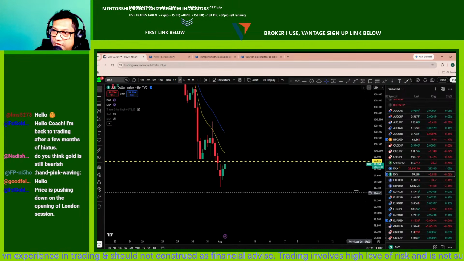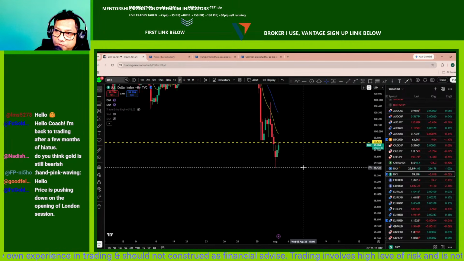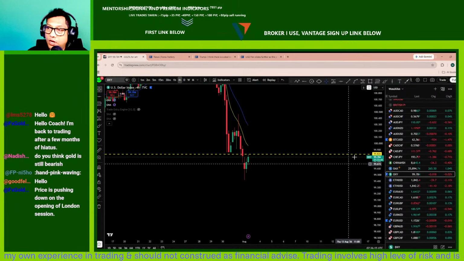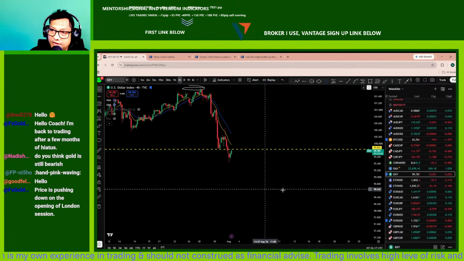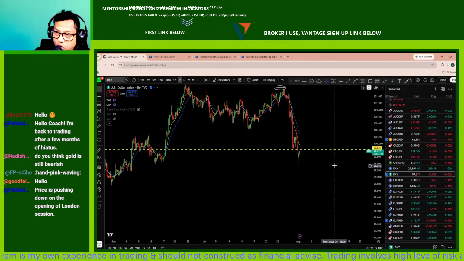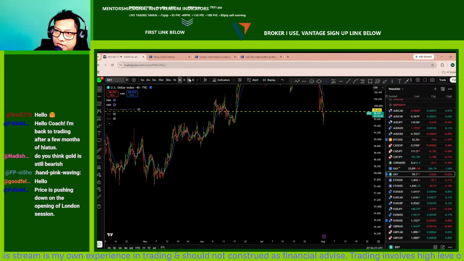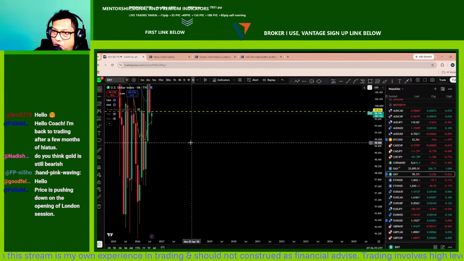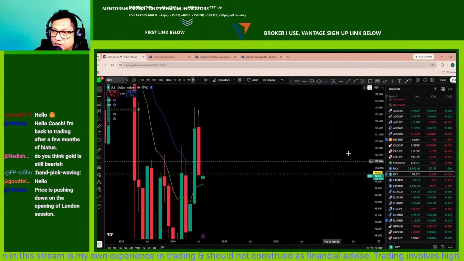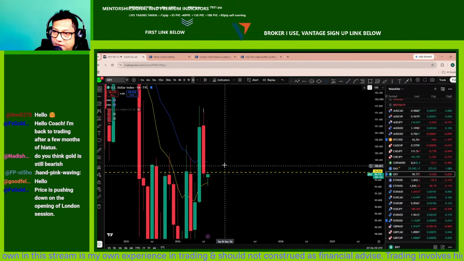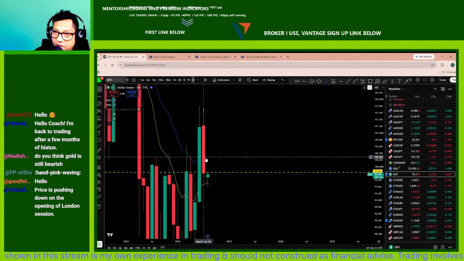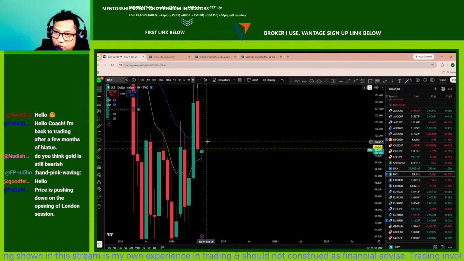That means any pullback on dollar index, at least for the short term, we could look for selling here to drop further low. This is support, and I think dollar index might be heading for some downside movement. You can see there was a big red candle, the price opened with a gap.